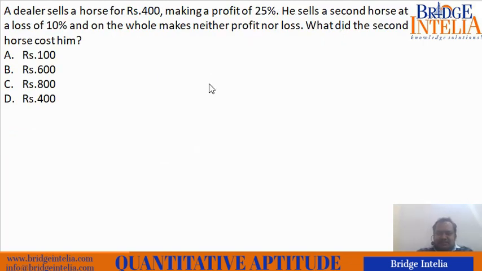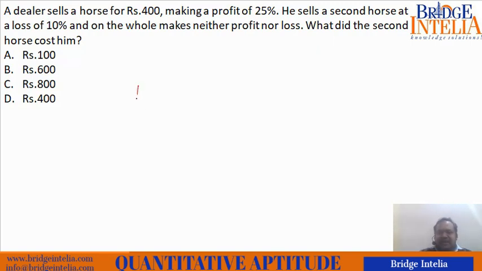Okay, let's see this question. A dealer sells a horse for rupees 400, making a profit of 25%. He sells a second horse at a loss of 10% and on the whole makes neither profit nor loss. So what did the second horse cost him? Let's understand what this question is trying to convey.